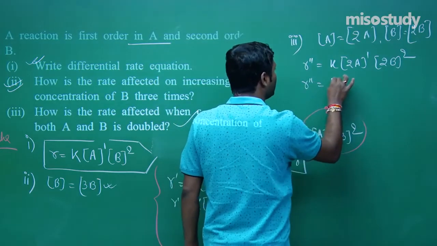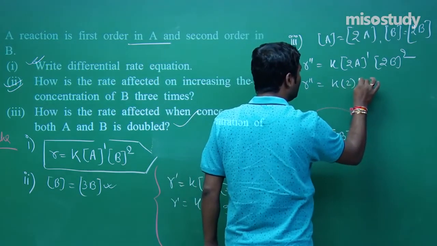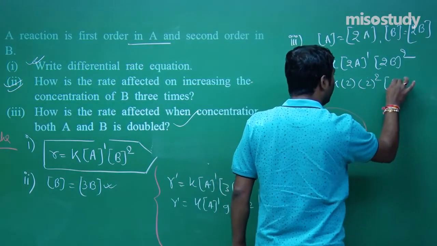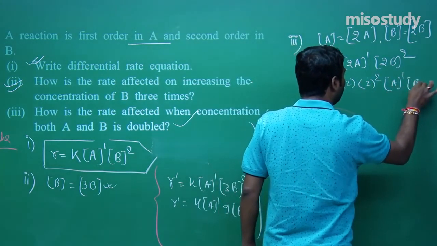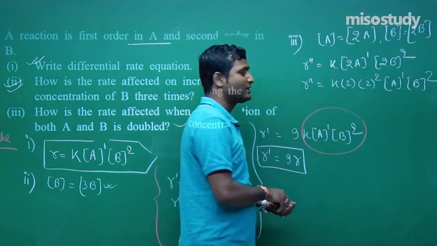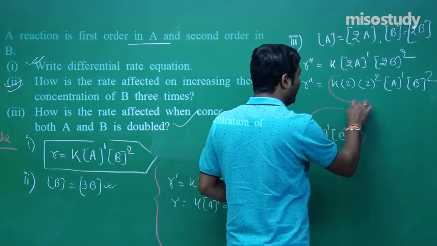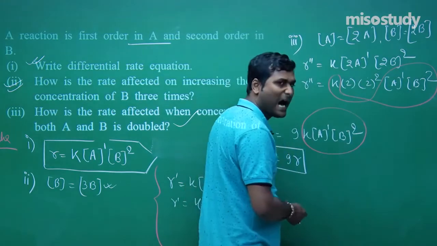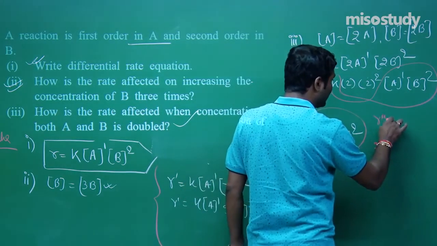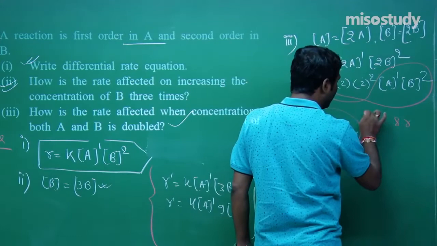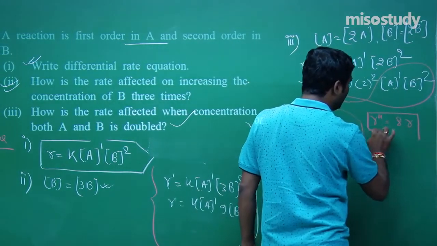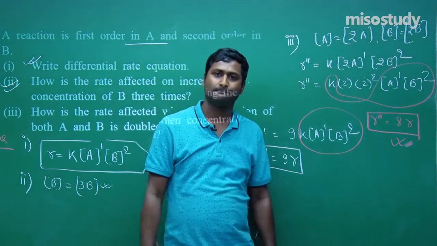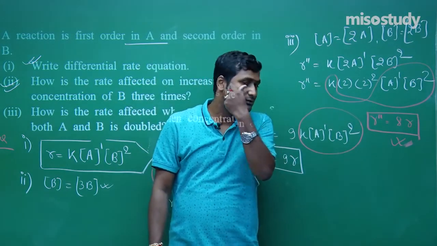R double dash is equal to K into 2 cubed into A to the power 1 and B to the power 2. As we know, K A to the power 1 and B to the power 2 is equal to R. So we can write here R dash is equal to 8R. That is, the new rate becomes 8 times the old rate, my friend. Am I right? Yes sir, you are absolutely right.